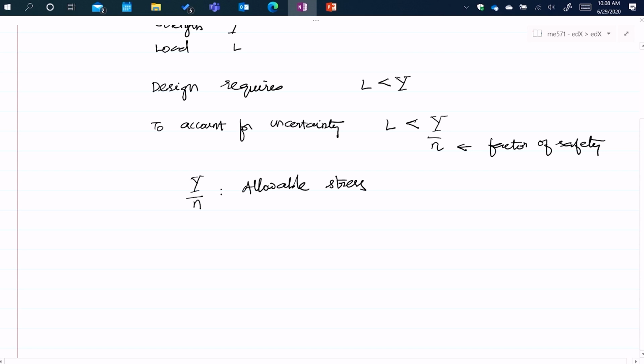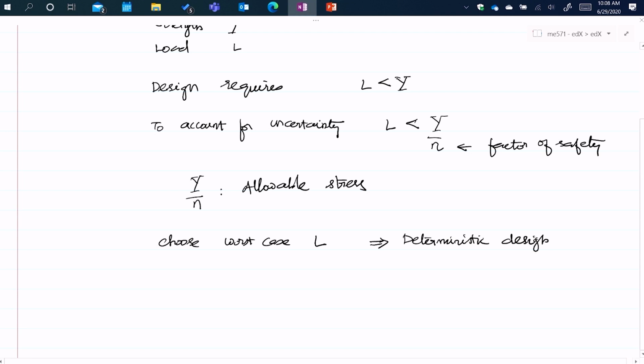The factor of safety accounts for all our uncertainty. Then we also choose a worst case load. So this is a deterministic design.